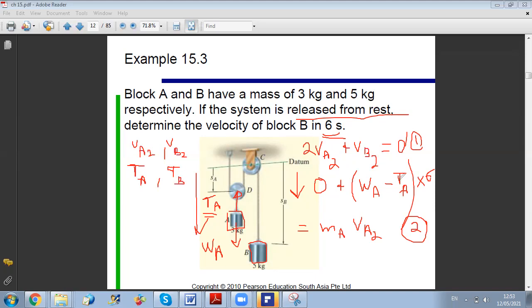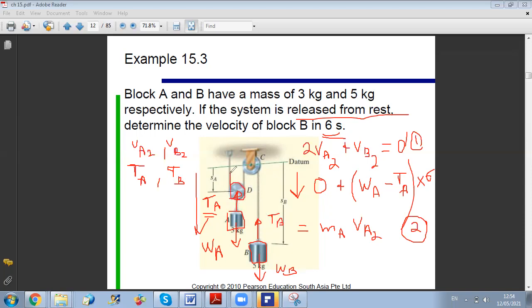The first relation comes from the cord, the second relation is from linear momentum on A. Now we write linear momentum on B, the same procedure. We have WB and we have TB. But to be able to reduce the number of unknowns, we should relate TA and TB. Okay, so this is why we can take the pulley.